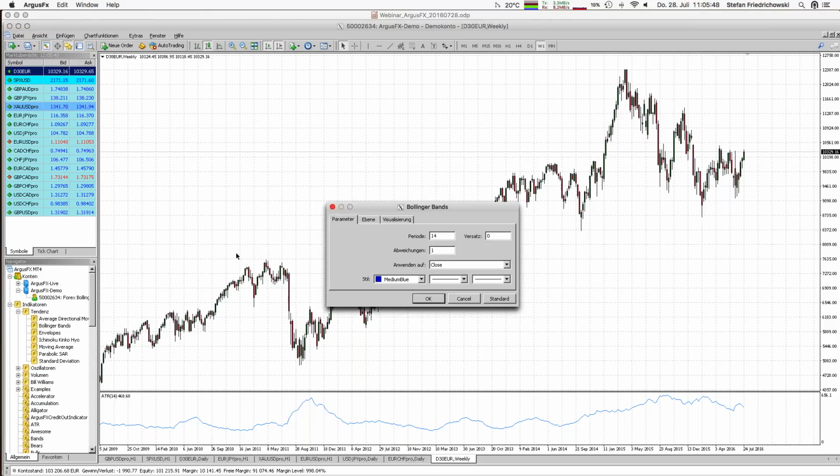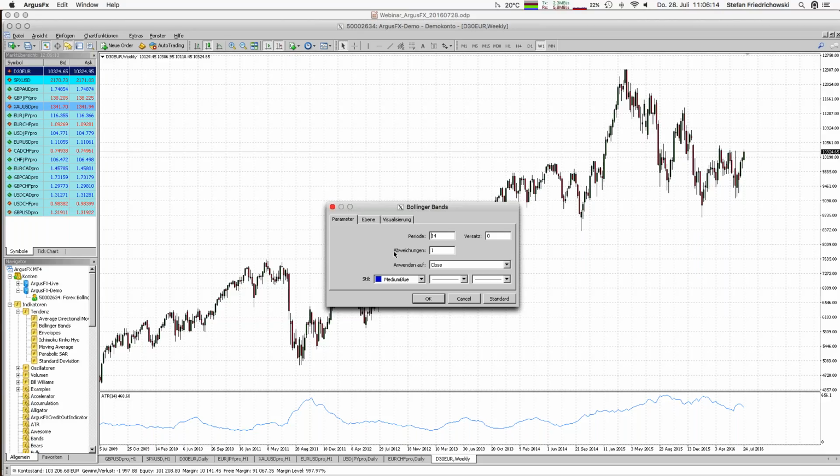Because I now put here the Bollinger Bands on that chart, and even, okay, that is now in German, funny enough, but it's quite easy. We have to use the period, which, okay, we take 14, which on a weekly base is just a quarter of 1 year.